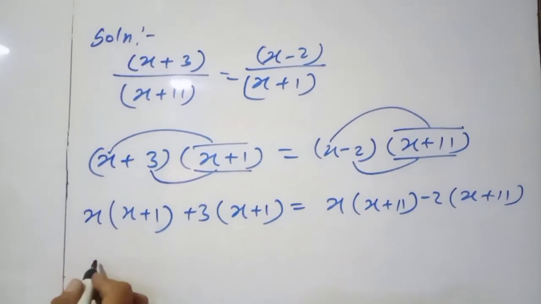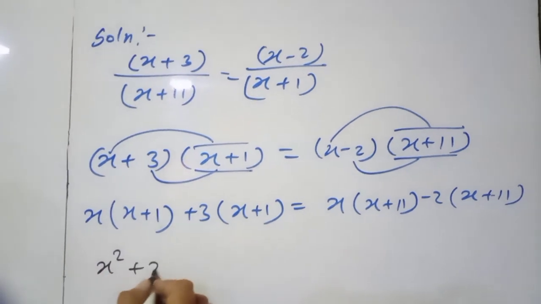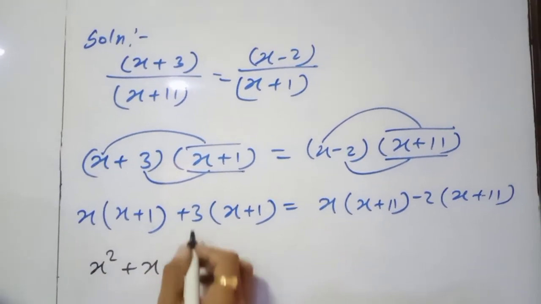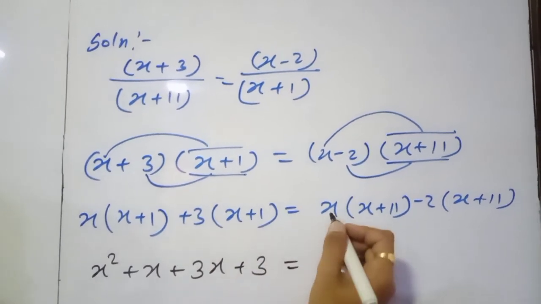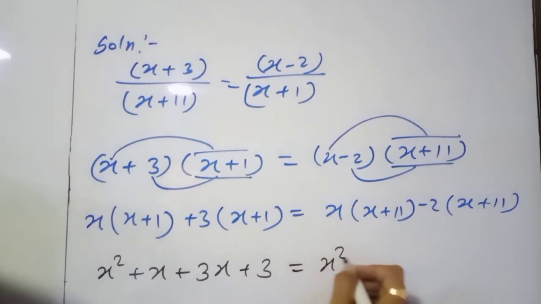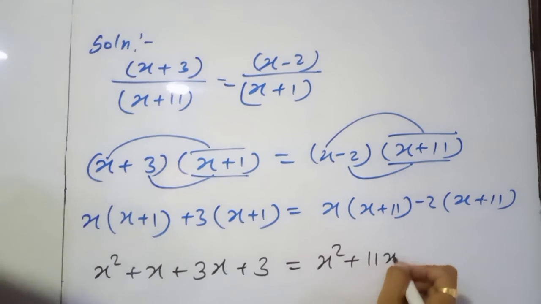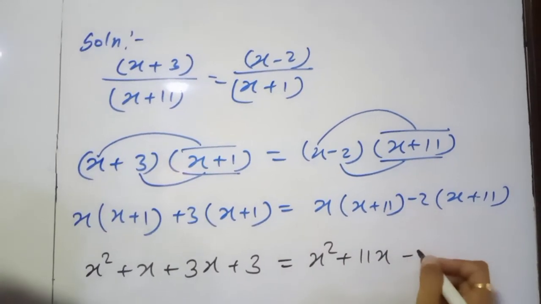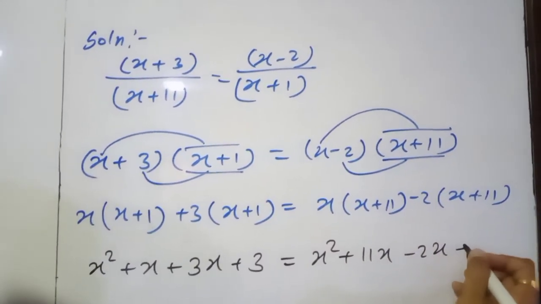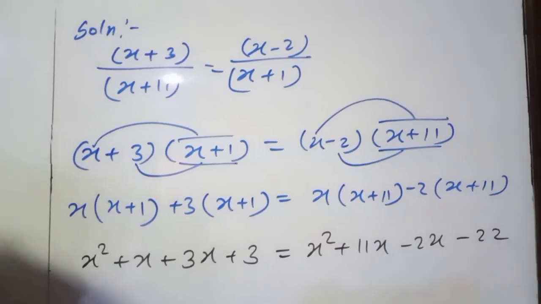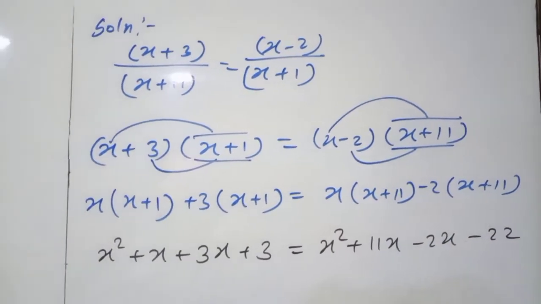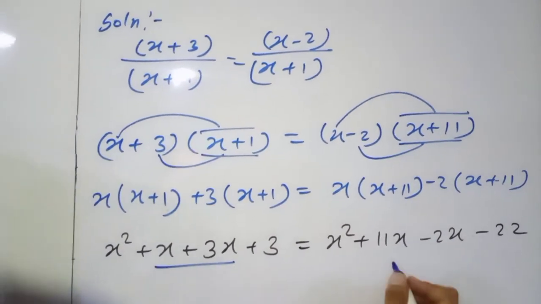Now we are going to do the multiplication of this. x into x will become x square plus x, plus 3 into x, 3x, plus 3, is equal to x into x, x square, plus 11x, minus 2 into x, minus 2x, and minus into minus will become minus 22. Now you can see here we have 2x and here 2x.